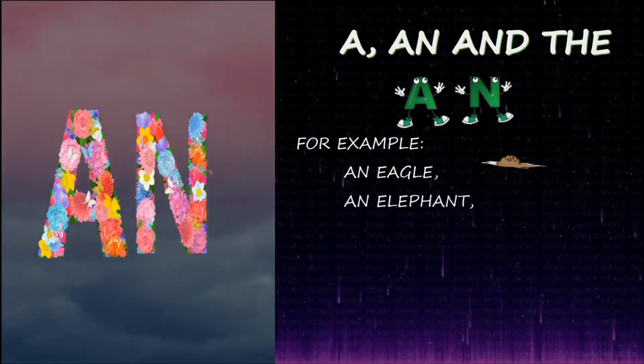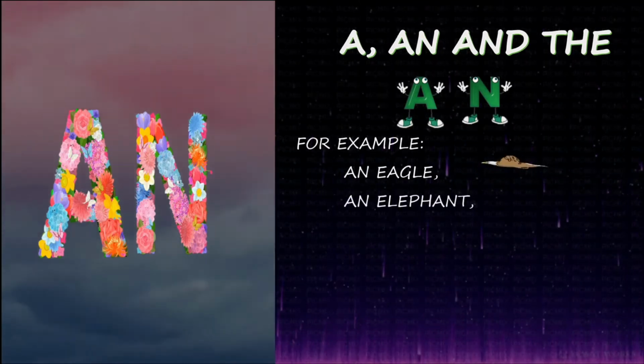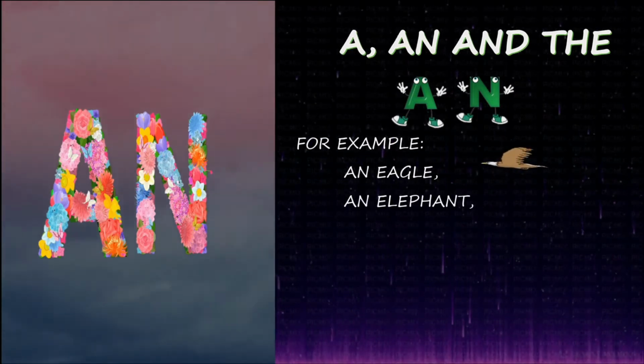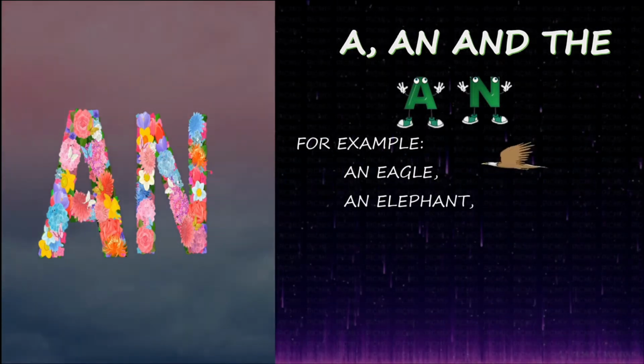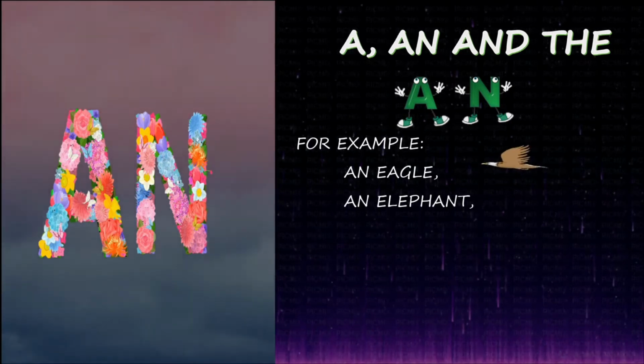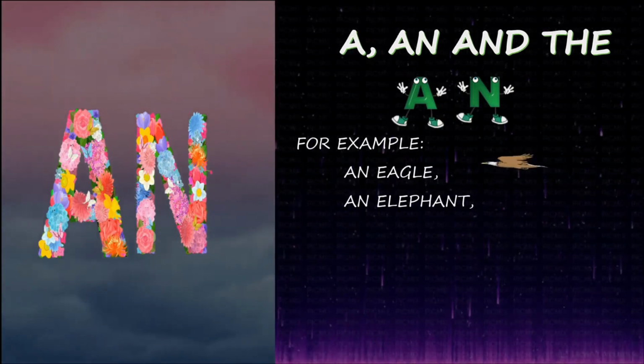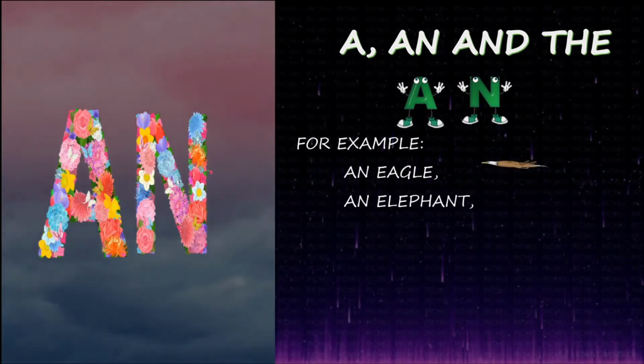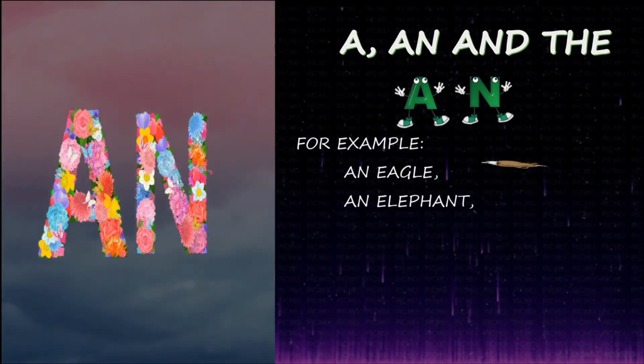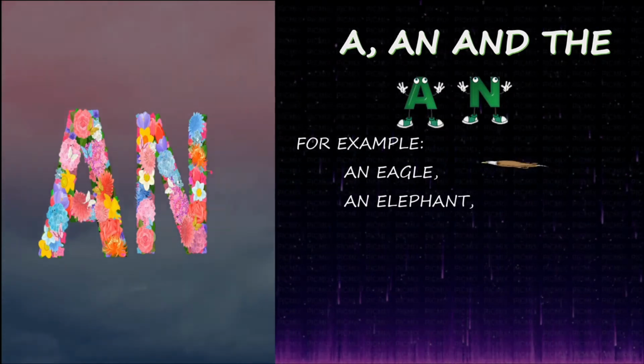An elephant. A elephant should not come like that. An elephant. So, an is used before the vowel sound. Here, in elephant, E is a vowel. So, we have to use an elephant.